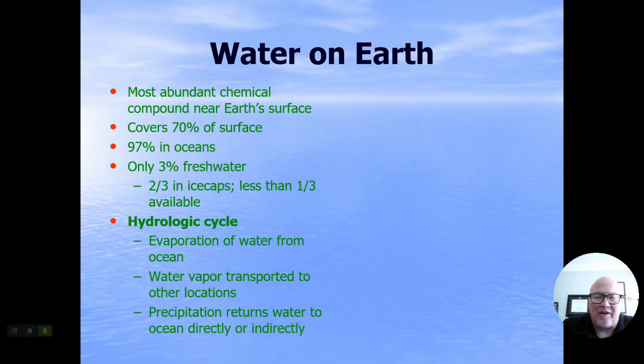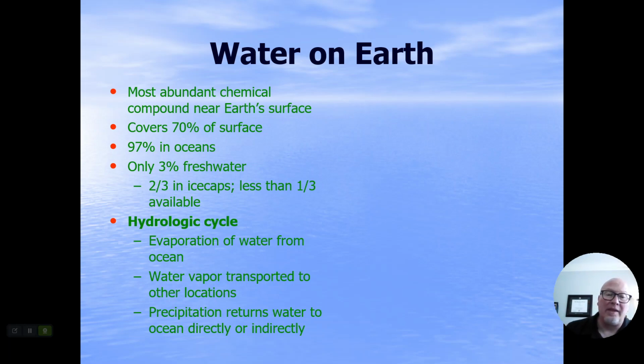The hydrologic cycle, actually the water cycle, we've talked about in a previous lecture when we were talking about the cycling of matter in an ecosystem. So if you want an update on that, go back to the ecology lecture and take a look at that. But just real quick, the hydrologic cycle is essentially evaporation of water from the oceans along with other sources of water.